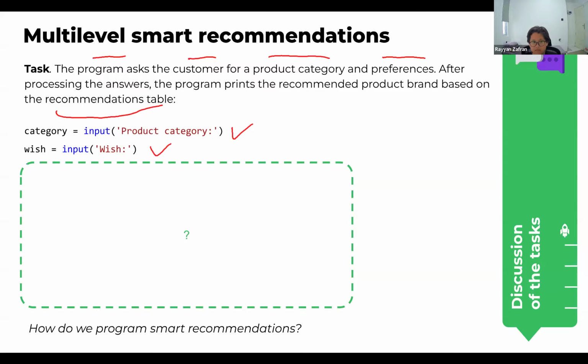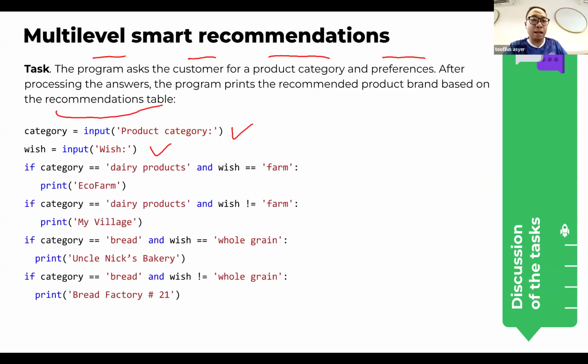Nah, sekarang kita akan lihat cara codingnya. Karena ada beberapa syarat, jadi ada banyak yang harus kita coding. Pertama, kalau kategorinya dairy product dan artinya kalau dan artinya apa? Dua-duanya harus terpenuhi, betul nggak? Betul.